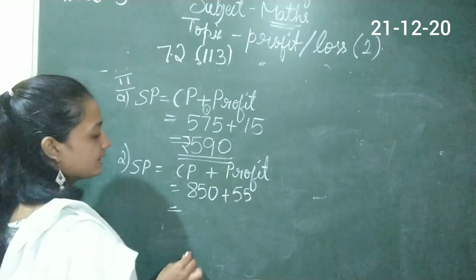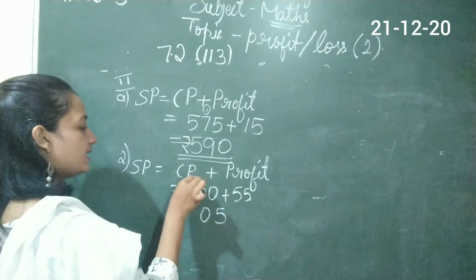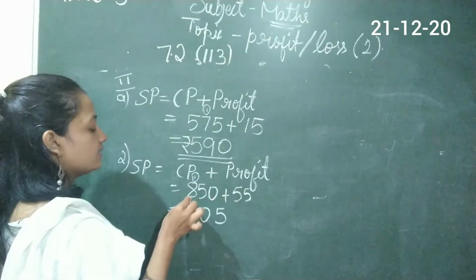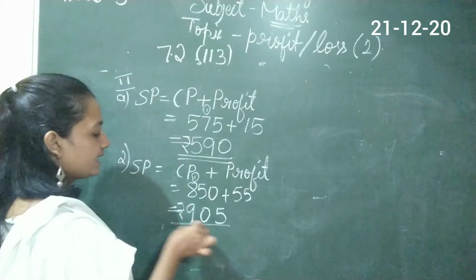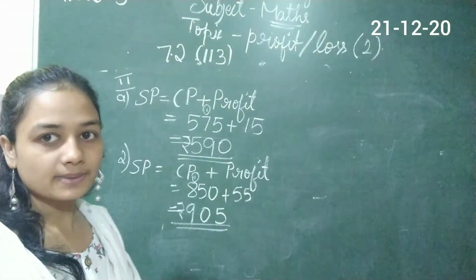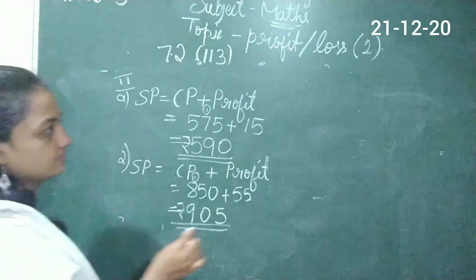So when I add them, I get 5 plus 0, 5, 5 plus 5, 10. And nothing here, 1 carry is 9. So my selling price is 905 rupees. This is my second one. Let's go for the third one.